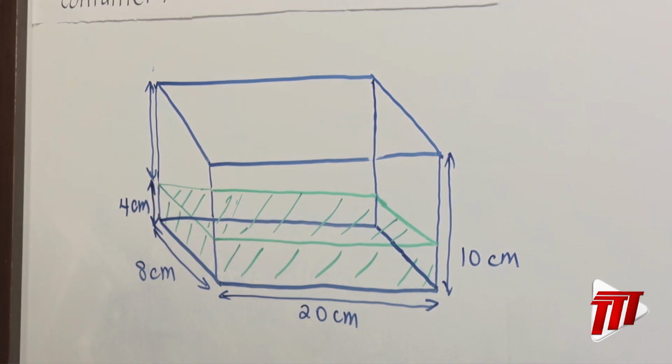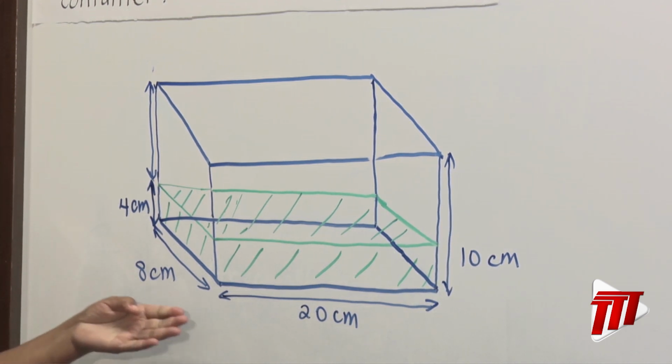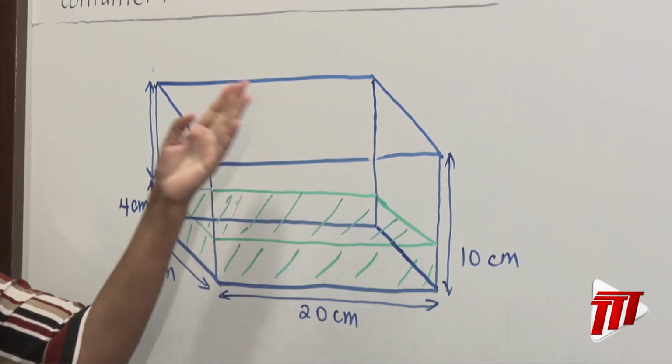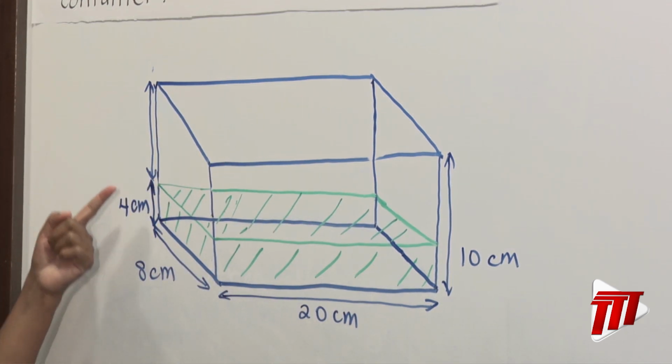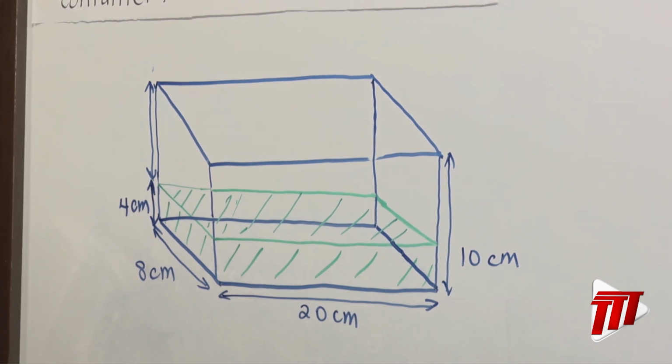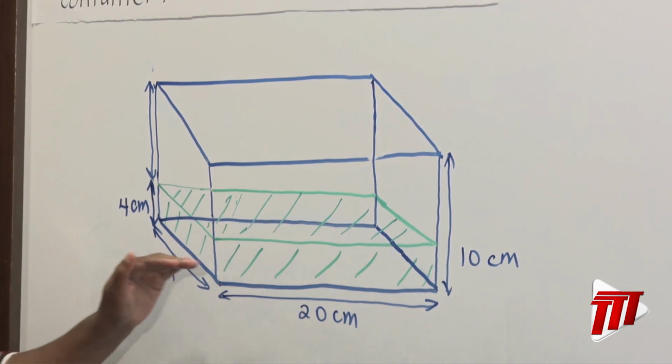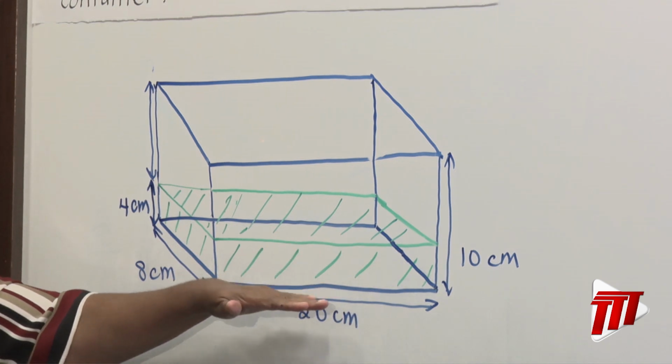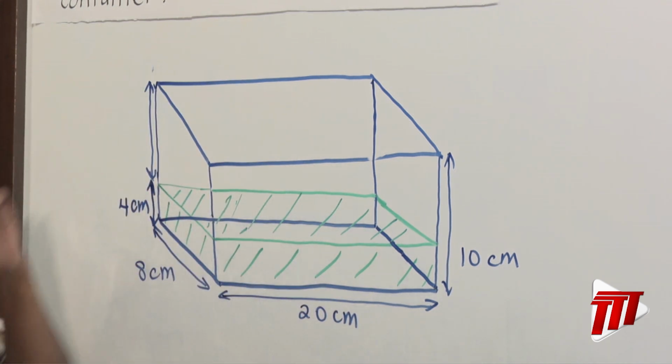We are going to begin first by looking at what we know. We know the dimensions and we know the height of the water. So we are going to calculate first how much water is needed to fill the container. Okay? And that would be the volume of the container, the full volume of the container.